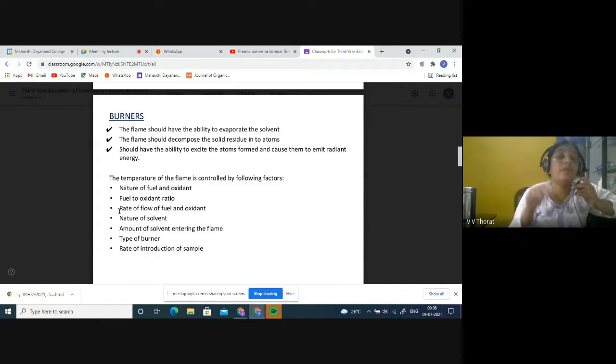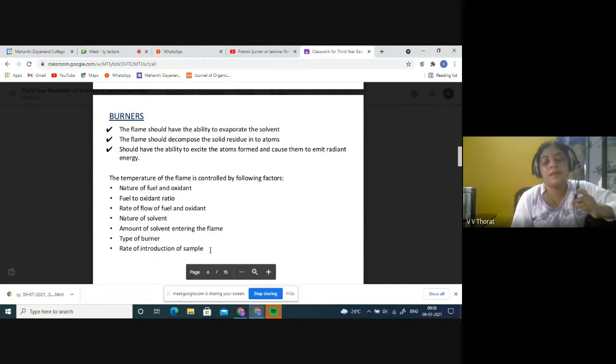At what rate you are making them flow, the rate of flow of fuel and oxidant. Which solvent you are using, whether acetone, ethanol or ethyl acetate, the amount of solvent entering the flame, the type of burner, the rate at which the sample is introduced. The temperature of the flame depends upon these factors, right?